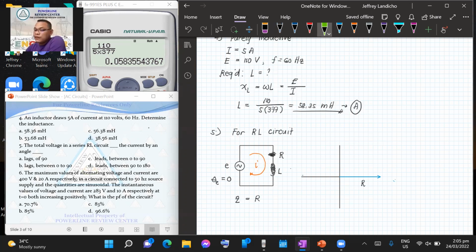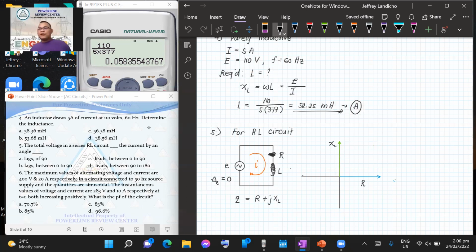So here is our inductive reactance. Therefore, to get the total opposition, what we call the impedance, you may combine resistance and inductance, only in terms of a complex number. Because we know the x-axis is the axis for real numbers and the y-axis is the axis for imaginary numbers. So it should be R plus j X sub L. So that should be the impedance.